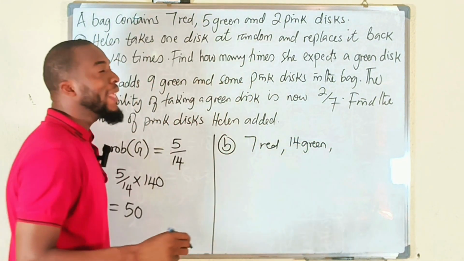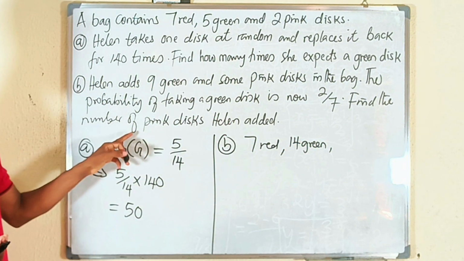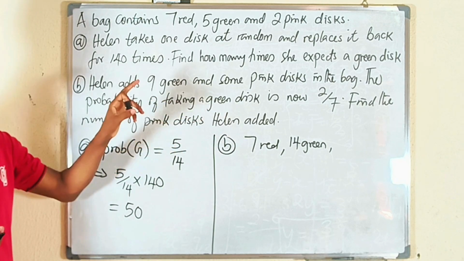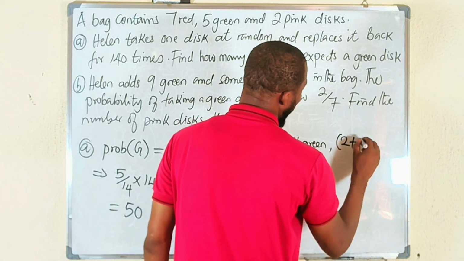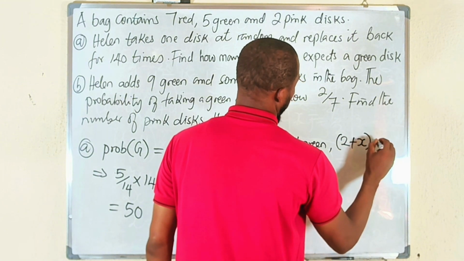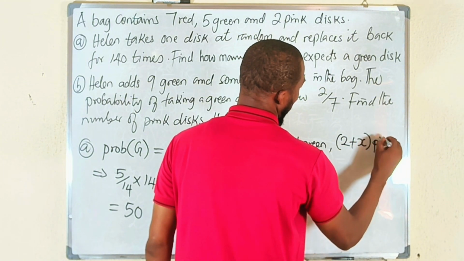And some pink, we don't know. This is why the question says we should find the number of pink discs added. Some pinks, meaning 2 plus whatever. Let me just call it X. Pink. Can you see that?